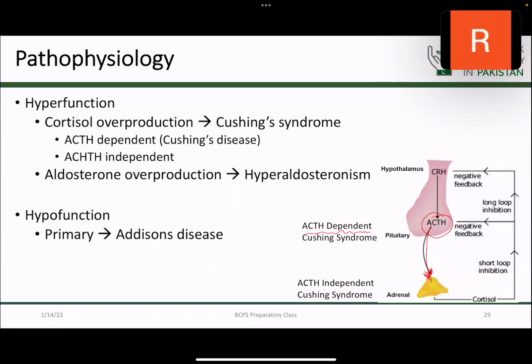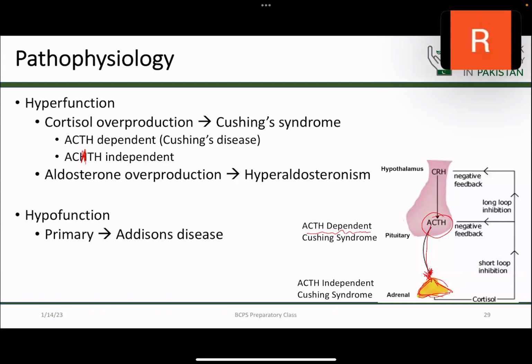And adrenocortico, there is a mistake here. This is not ACHTH. This is ACTH, adrenocorticotropic hormone independent. That means the problem is not in the pituitary, but the problem is in the adrenal gland itself. For example, there is some tumor in the adrenal gland which is secreting a lot of cortisol. So that would be an adrenocorticotropic hormone independent hyperfunction, which is commonly known as Cushing syndrome.